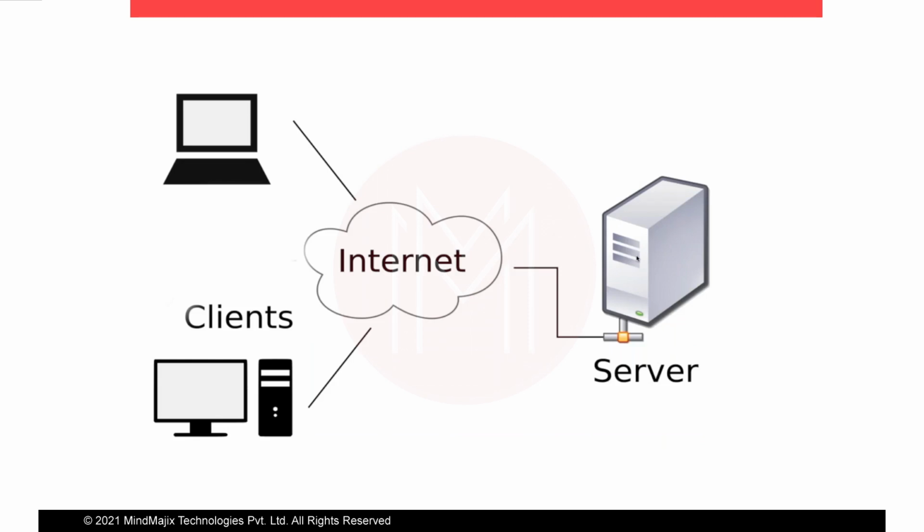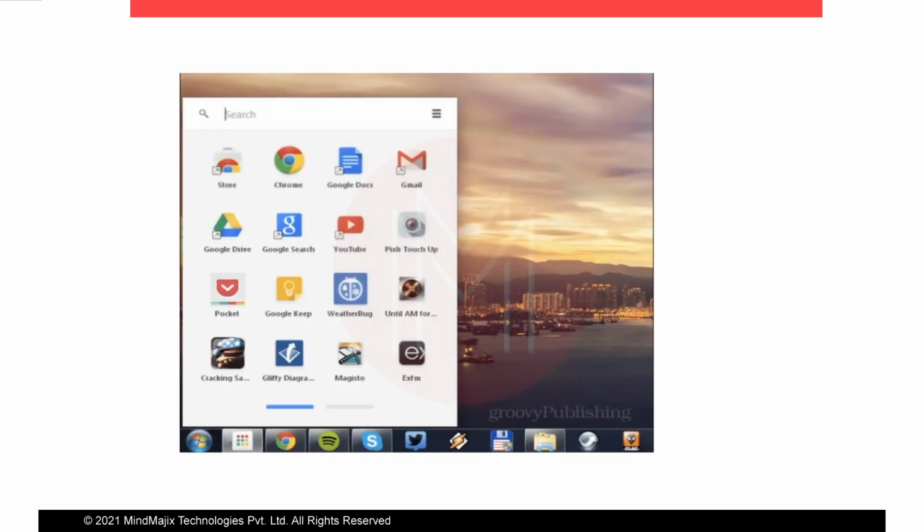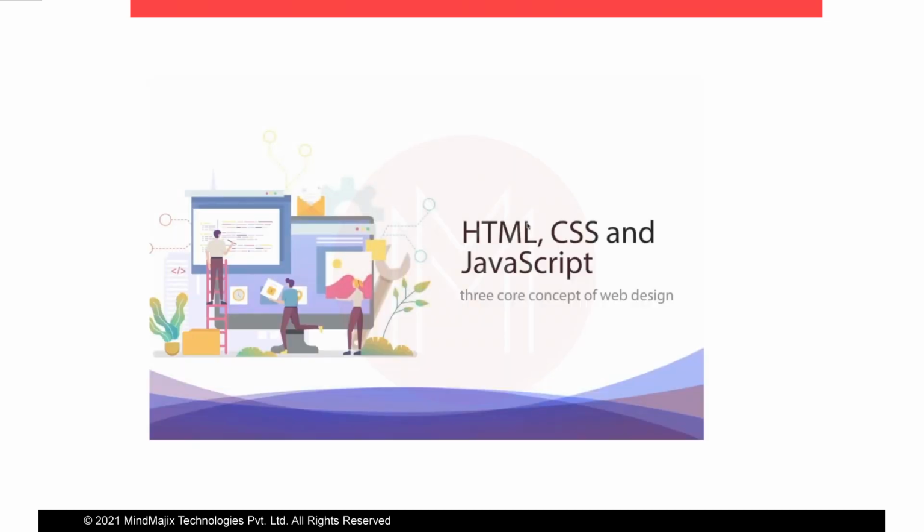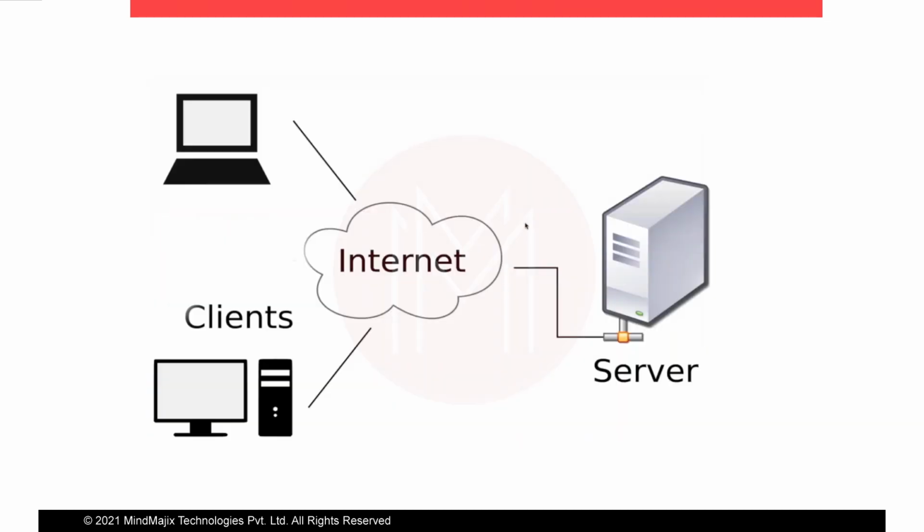Before explaining further, previously we used to have backend-driven systems. Backend-driven systems, as I told you, need HTML, CSS, and JavaScript for a website. This server will consist of HTML, CSS, and JavaScript.